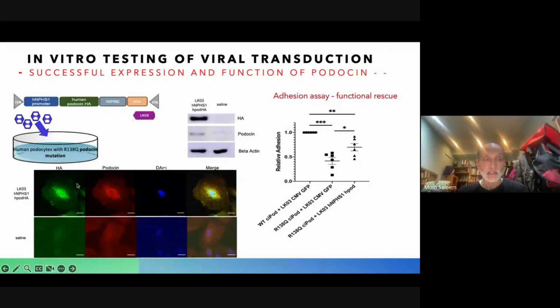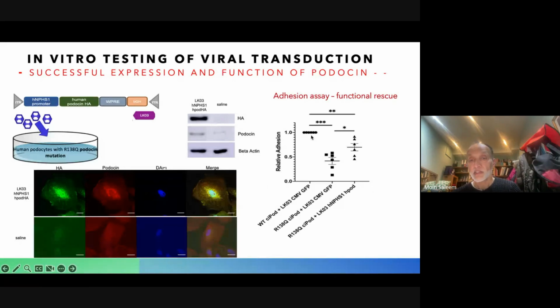In green, you can see what we've attached is an HA tag, so that glows green on the cells. You can see that it's expressed nicely in this cell here. What we also want to see is, once you've expressed your protein of interest, does that rescue the phenotype of the cell?